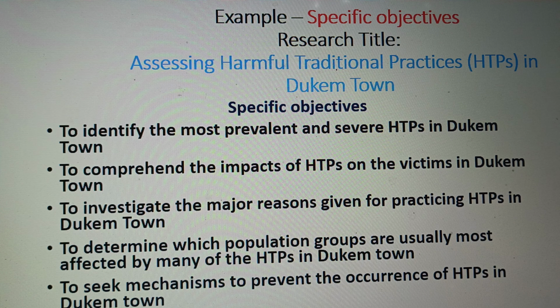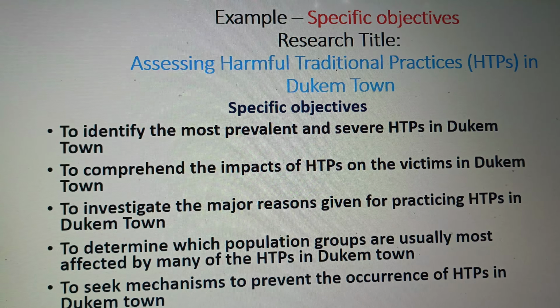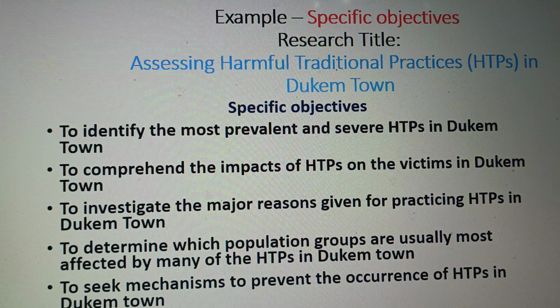The second one is to comprehend the impacts of HTPs on the victims in Dukem Town. To investigate the major reasons given for practicing HTPs in Dukem Town can be the third one. To determine which population groups are usually most affected by HTPs in Dukem Town.